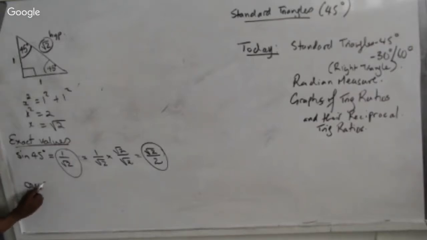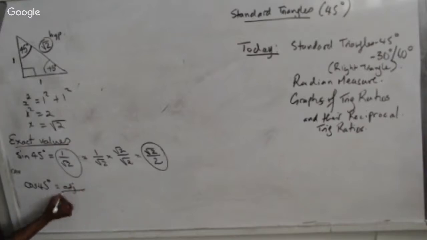Cosine of 45 degrees. Cosine is always, well, it's coming from the top, so this is adjacent upon hypotenuse. That means I need to put my hand on one of the 45s. Any one of them. If I put my hand on this 45, what would be the adjacent side? Remember that? The adjacent side is what? It sits beside the angle.